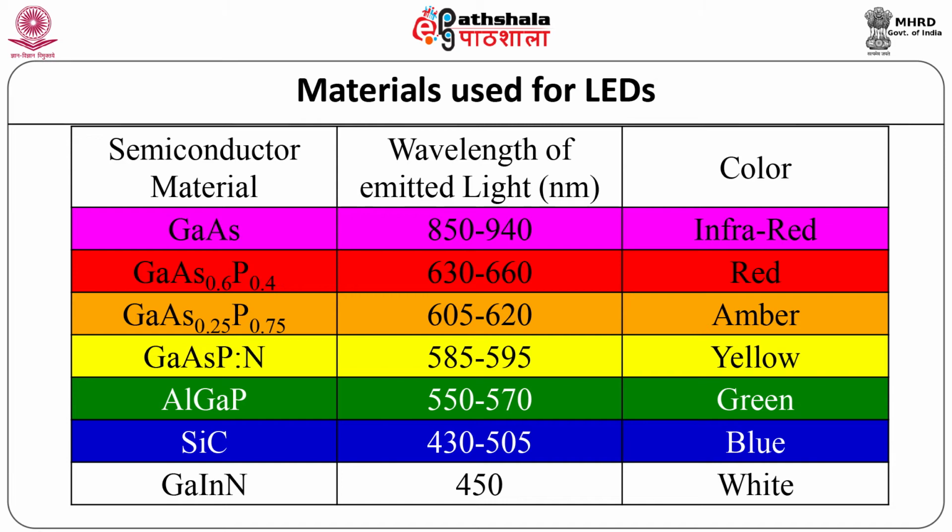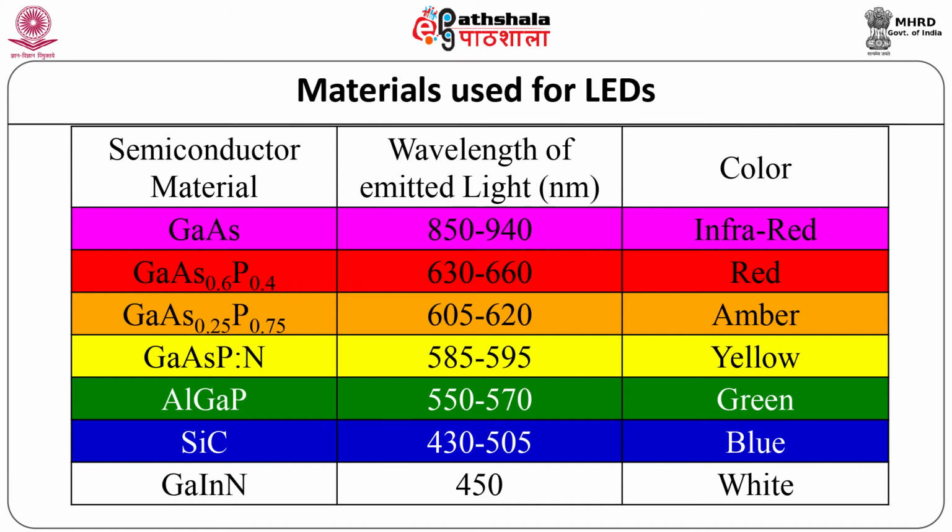It is seen that for infrared emission, gallium arsenide is used and the wavelength of emitted light is 850 to 940 nanometer. For red color, emitting wavelength 630 to 660 nanometer, the semiconductor materials used are gallium, arsenic 0.6 and phosphorus 0.4. For amber, the contribution of arsenic and phosphorus is changed.